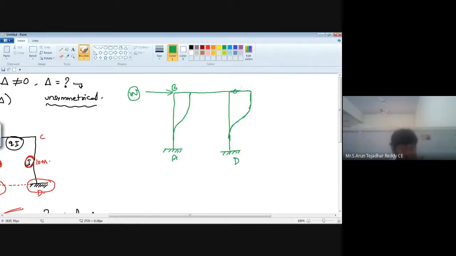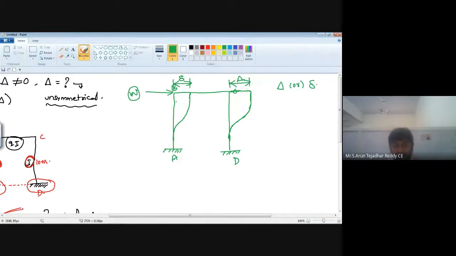The deflection will affect only the columns, because the load is acting on the column. So here this value is delta and this value is delta. You can give the symbol delta. It means this column will deflect like this. A to B column will deflect like this, and C to D column will deflect like this.